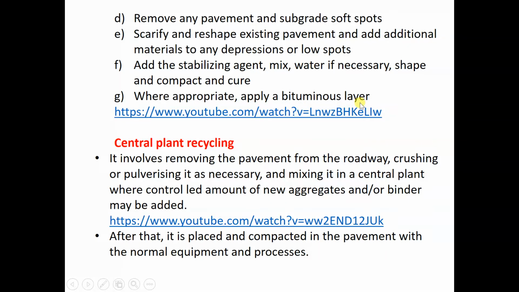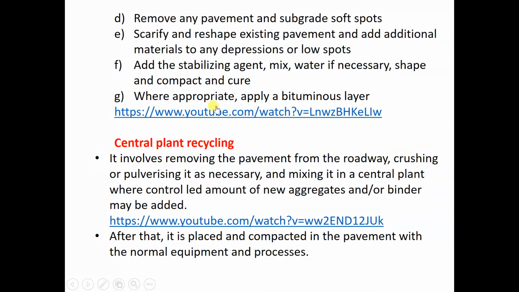After in situ stabilization, it forms a new stabilized base course, and you still need another layer of surfacing. It could be asphalt, or a spray seal or chip seal.